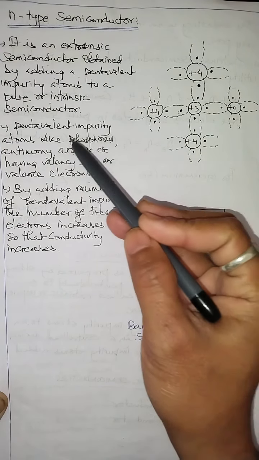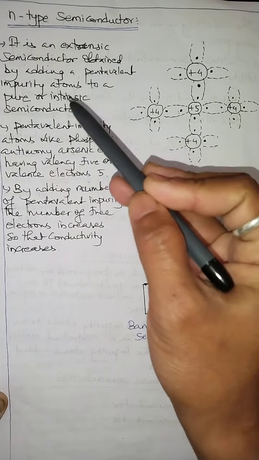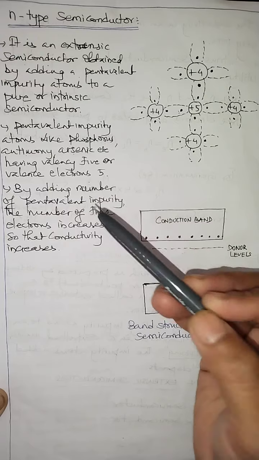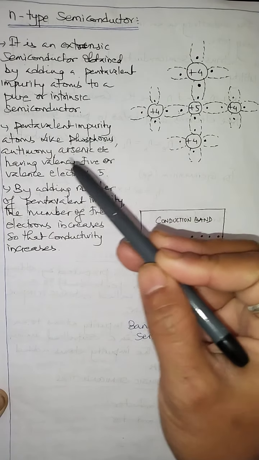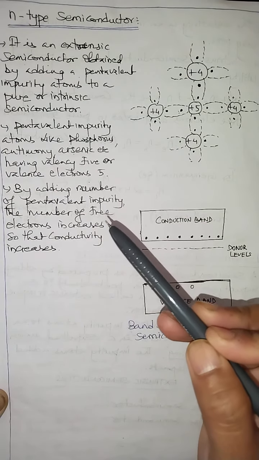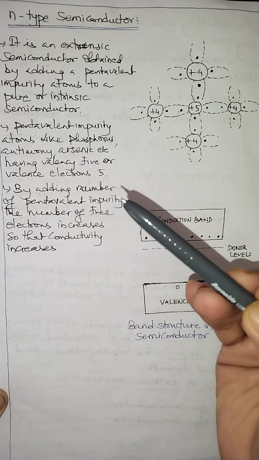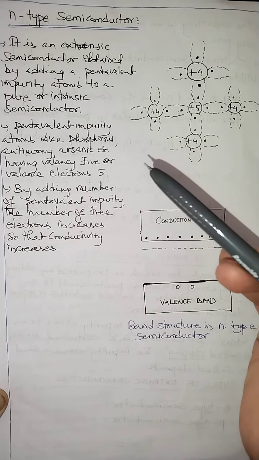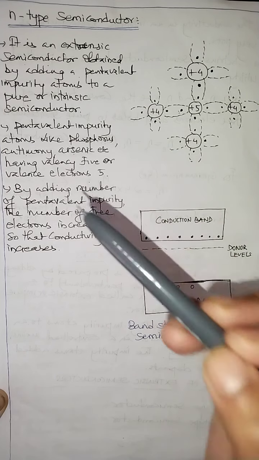When we add this pentavalent impurity atom to the pure semiconductor, the valence electrons of the pentavalent impurity atom share with the valence electrons of the pure semiconductor.